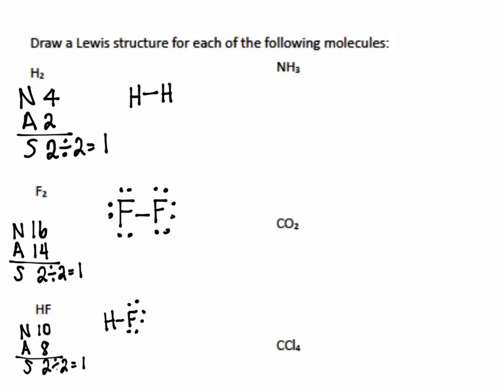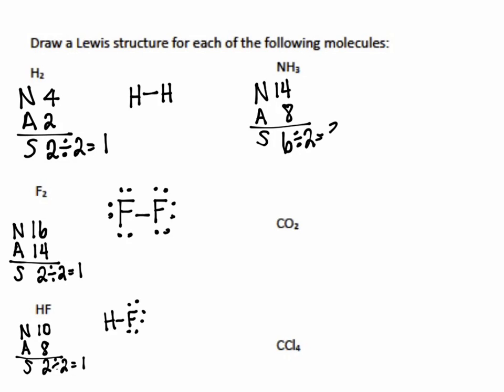Okay? So let's do the next one. NH3. Needed, available, shared. Nitrogen needs 8, and each hydrogen needs 2, so we need 14. How many is available? 8. So we subtract those. That means we have 6 being shared, divided by 2.